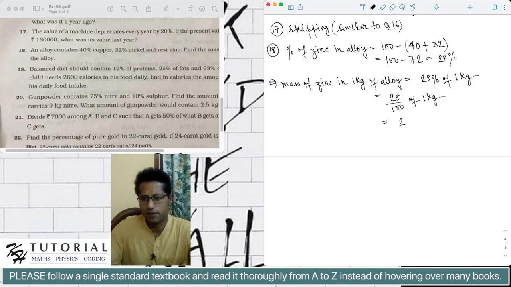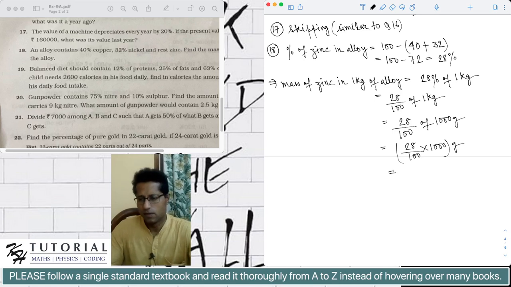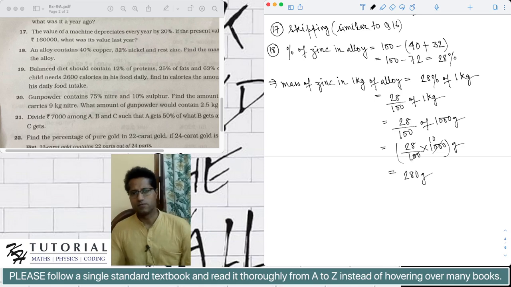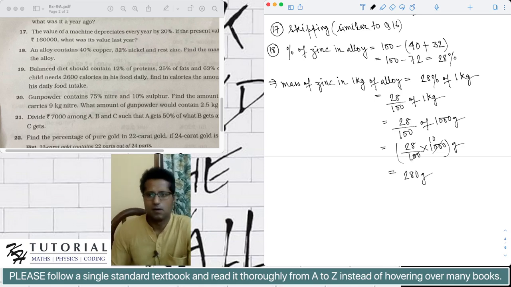We get 28 by 100 of 1000 gram. This is equal to 28 by 100 multiplied by 1000 gram. If we simplify, 100 divides 1000 with 10. So 280 gram. So the mass of zinc in 1 kg of alloy is 280 gram.